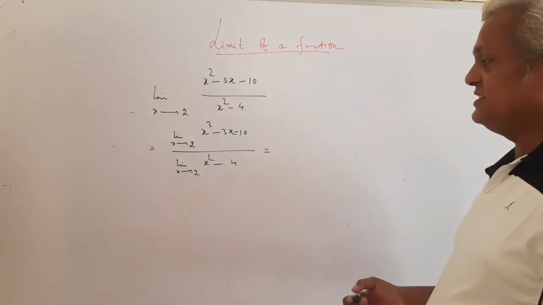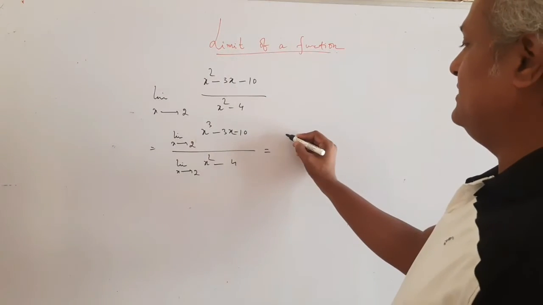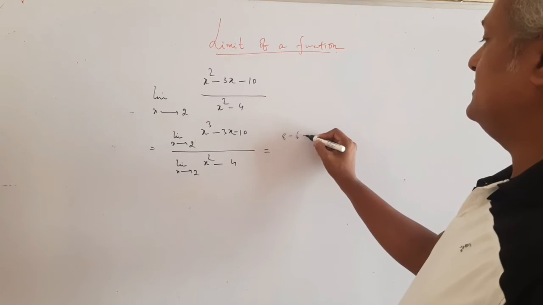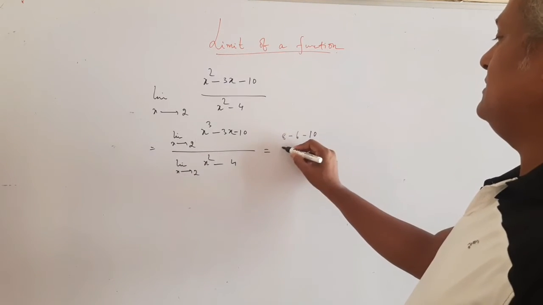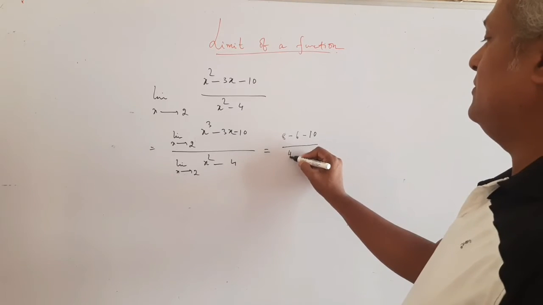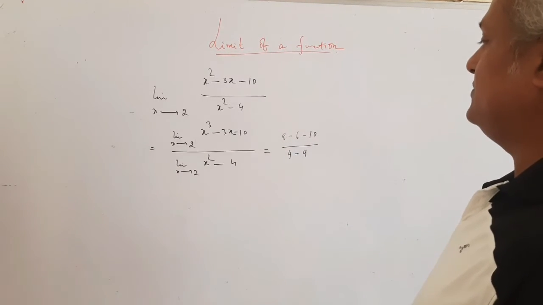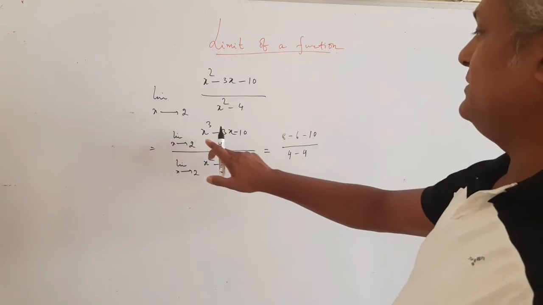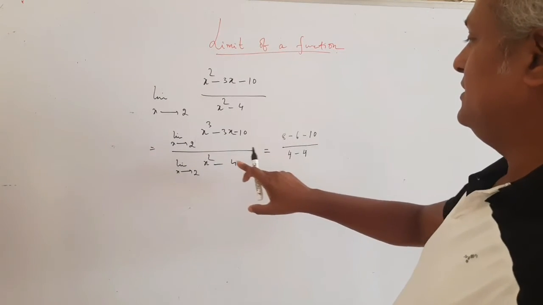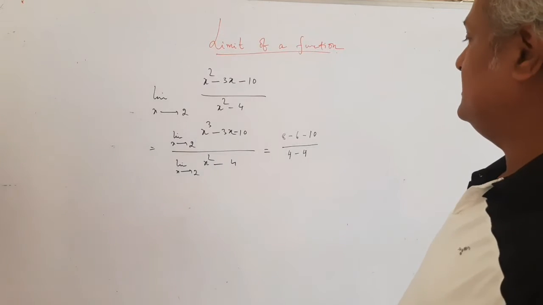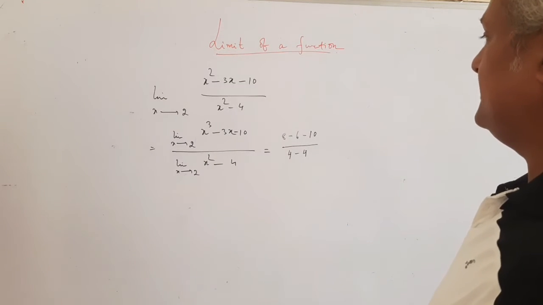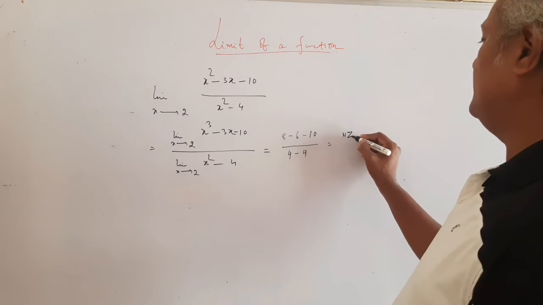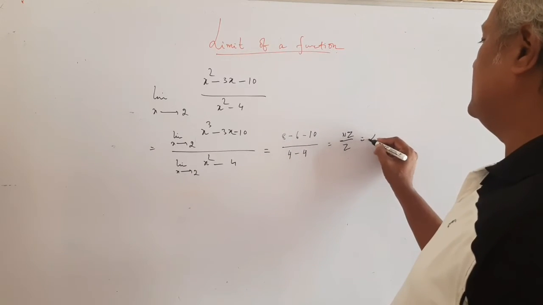That will be quite a wastage of time, so we can do it directly. So this is 8 minus 6 minus 10 over 4 minus 4. So there you see the limit of x square, 8 minus 6 and plus 2. So again this is also going to non-zero over 0, that is undefined.